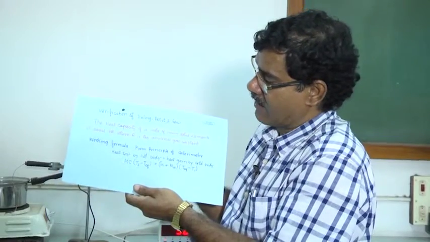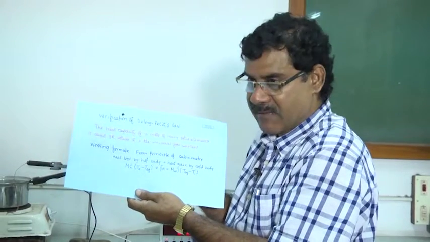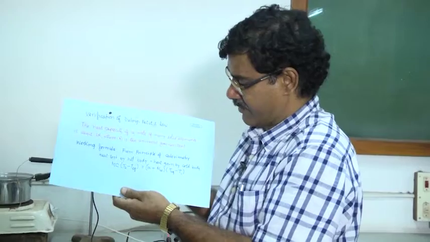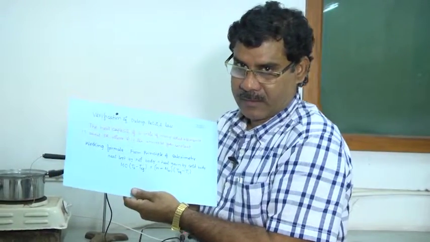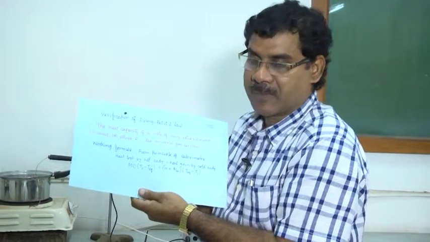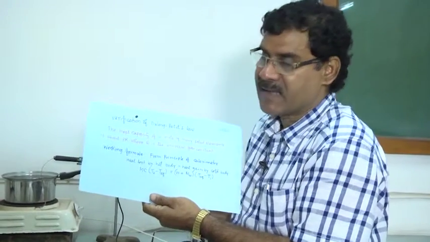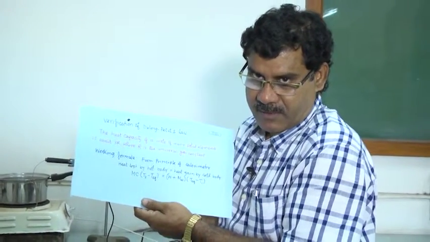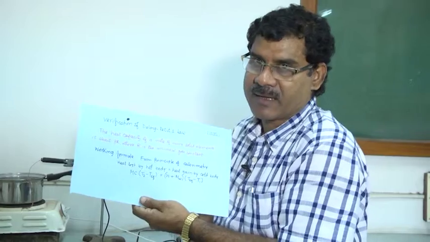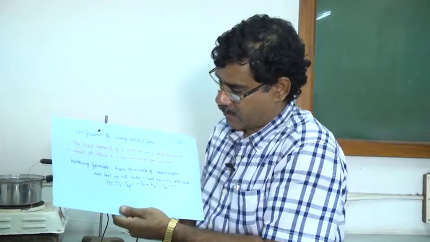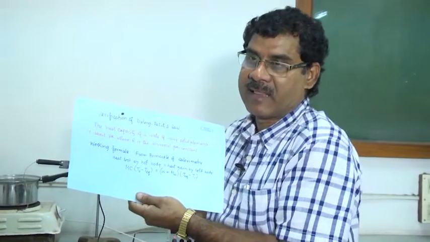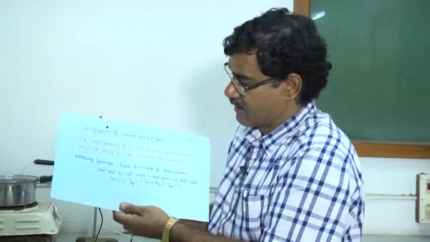So, the working formula I have written. These are basically from the principle of calorimetry. Okay. So, what is the principle of calorimetry? Heat lost by the hot body is equal to the heat gained by the cold body when they touch each other.